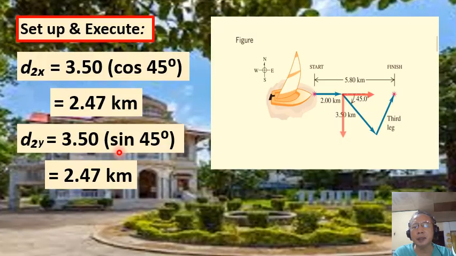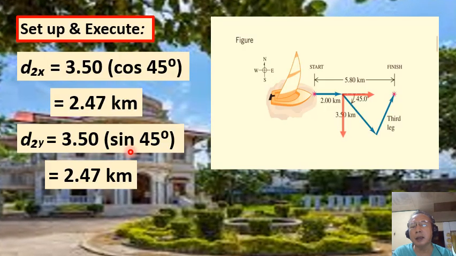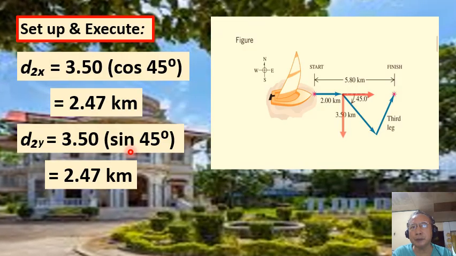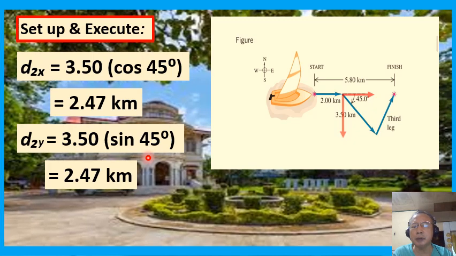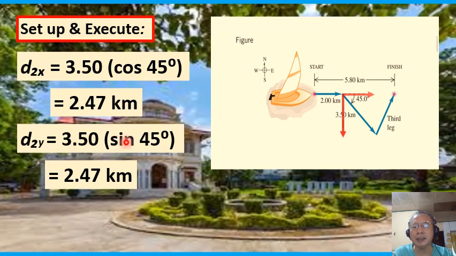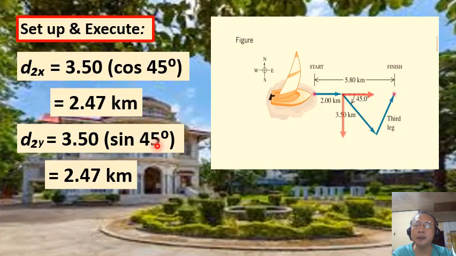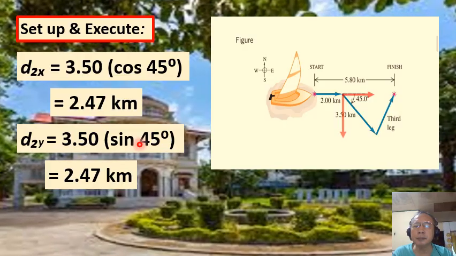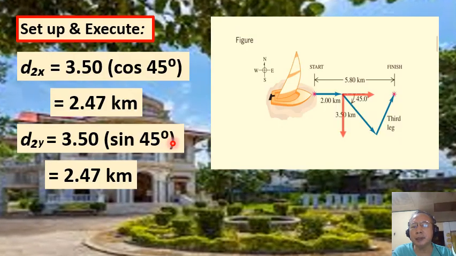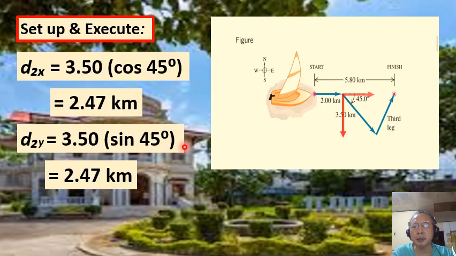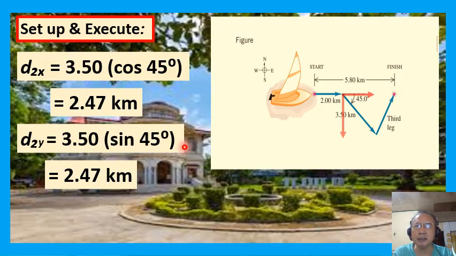We know that the value of cosine 45 is just equal to the value of sine 45 degrees. But we are emphasizing that by definition, the y component of d2 is the opposite side.